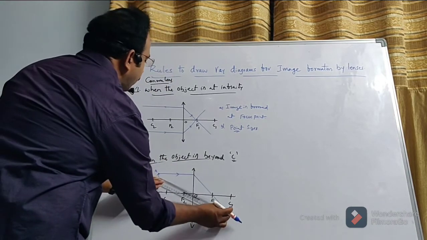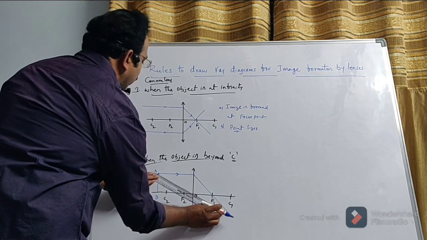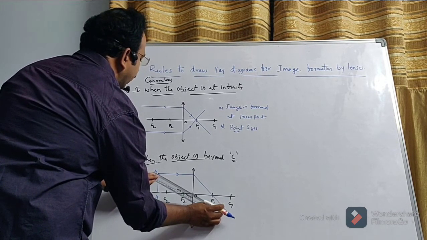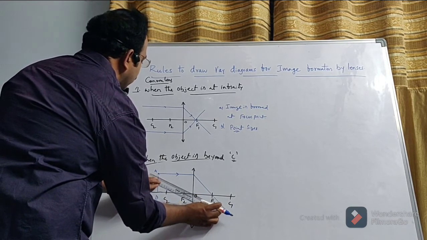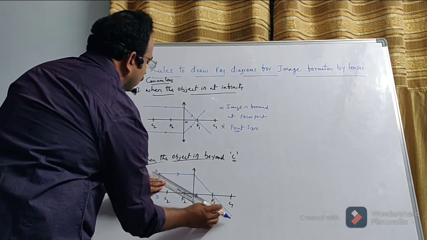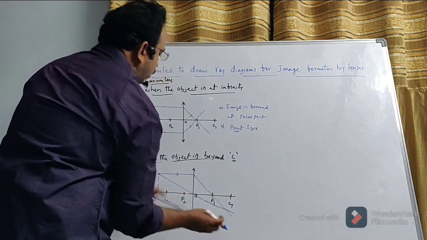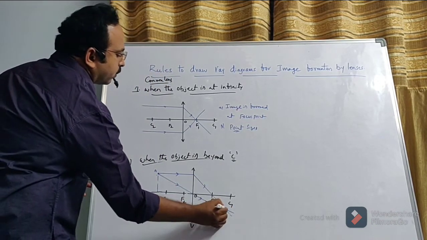And another light ray passing through the optic center. They will meet at this point. If we extend like this, these two light rays are meeting at this point.